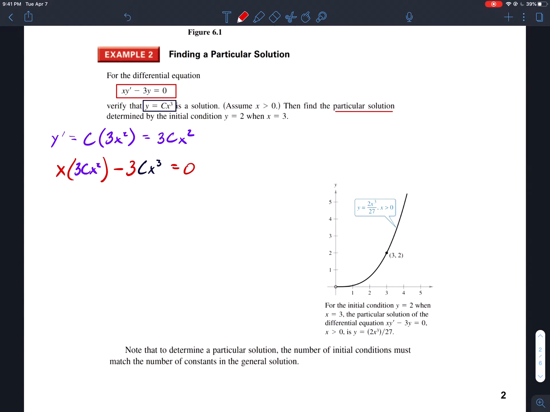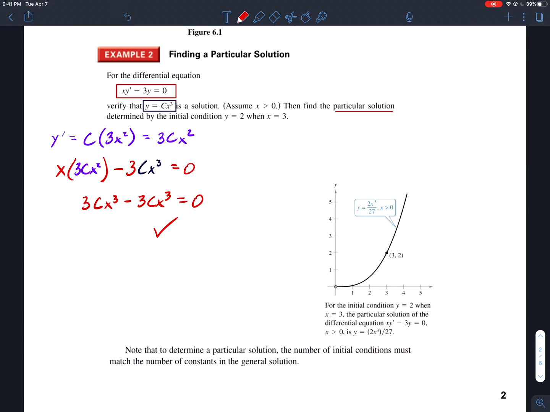Well, of course, if you look at it, that is clearly true. 3cx cubed minus 3cx cubed is, of course, equal to 0. So it checks out.